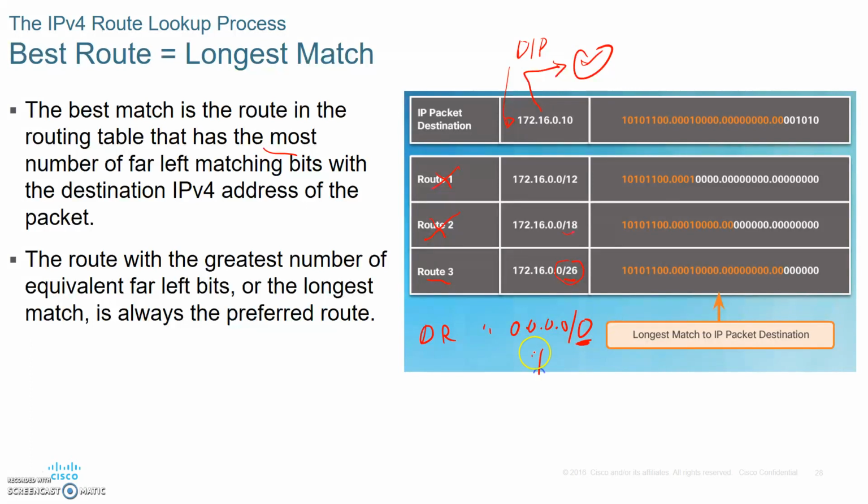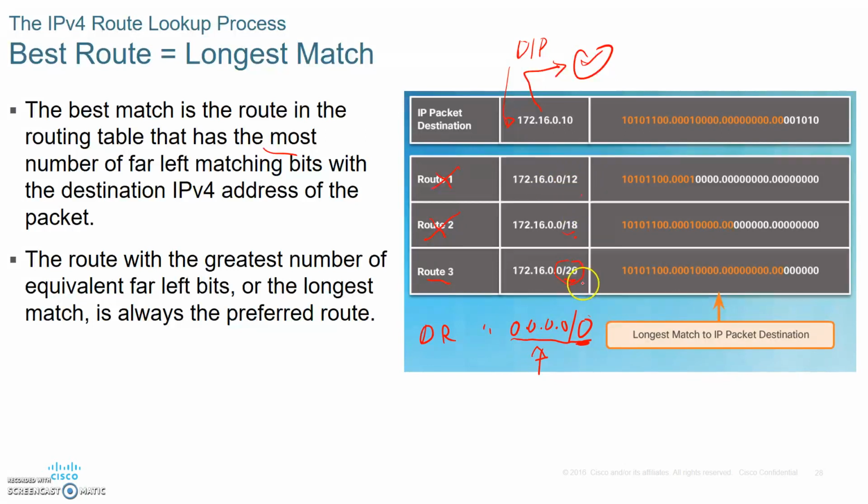But why do we call this the gateway of last resort? Although this default route matches all the packets, we want it to be used as a gateway of last resort. So we want the router to try to match as many bits as possible in any of the other routes.